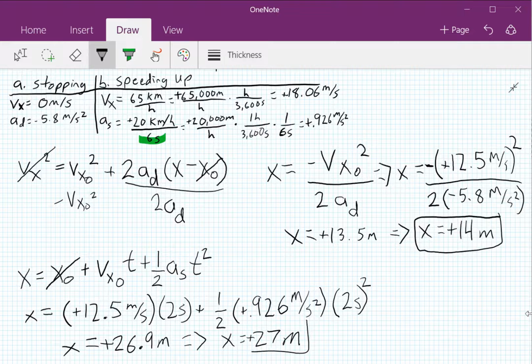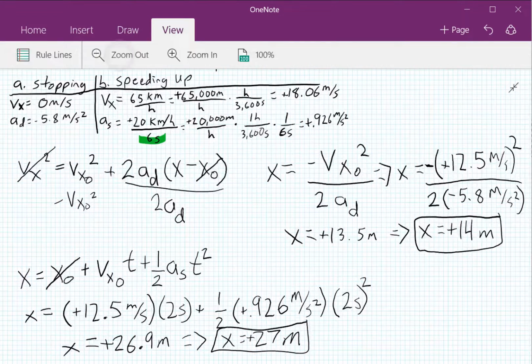So based on this, you would explain in a sentence, or actually several sentences, that the car should stop. The driver would be able to stop with an extra 14 meters before reaching the intersection, and the car would end up still traveling at an unsafe velocity before even reaching the intersection.